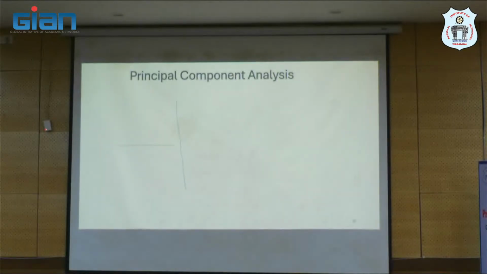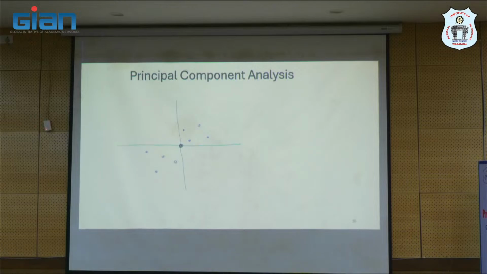One of the first things that you must understand is, whenever we are working with principal component analysis, the data points will be such that they will be centered around the origin. So this is the origin.